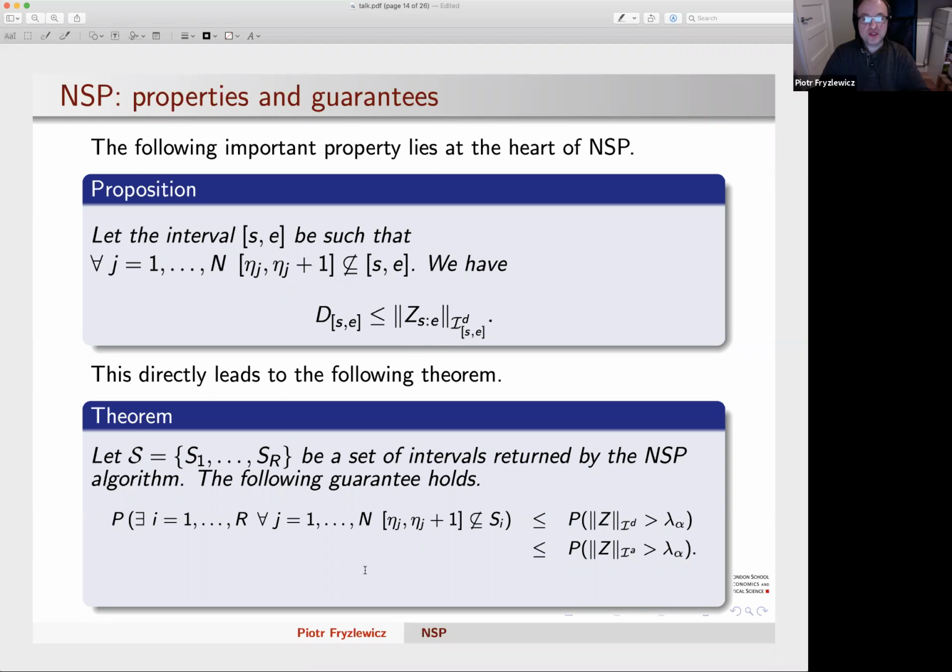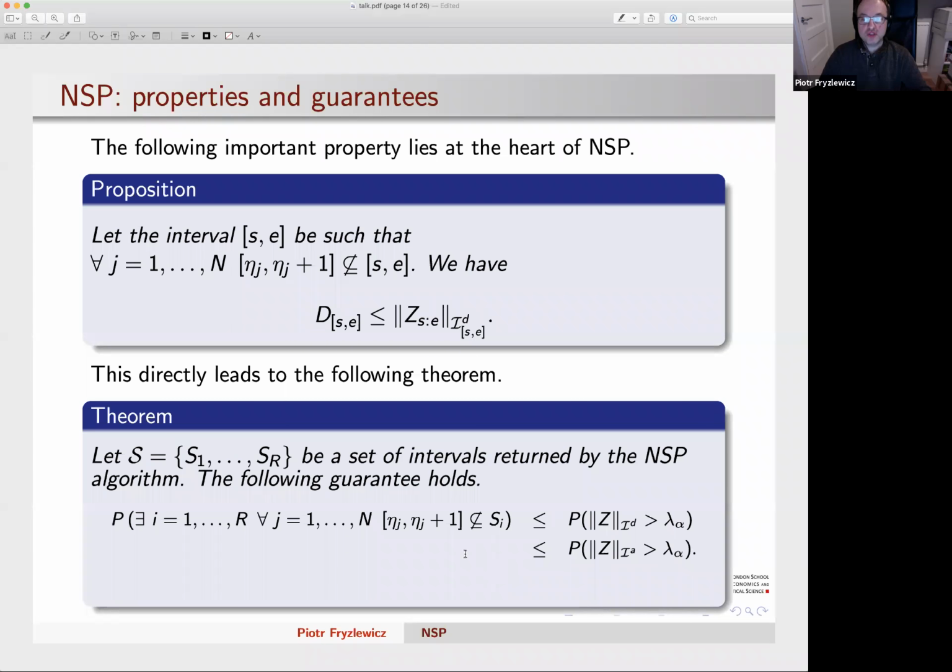This theorem says that the probability of having an interval where I don't have a true change point is bounded always and exactly and for any sample size by the probability of my true residual Z multi-resolution subnorm exceeding my threshold lambda alpha.